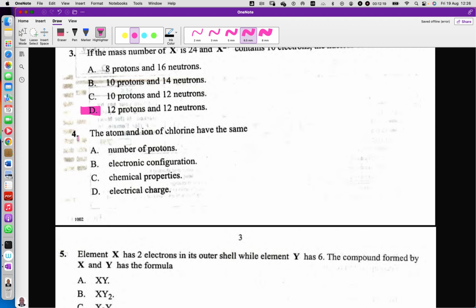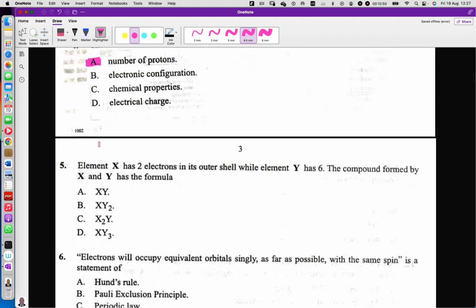But they will have the same number of protons. The options are: protons, electronic configuration, chemical properties, electrical charge. They will have the same number of protons. Our answer is A.